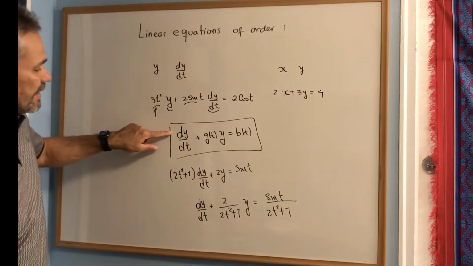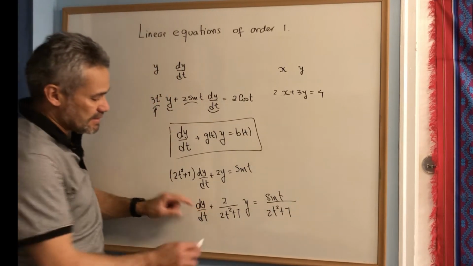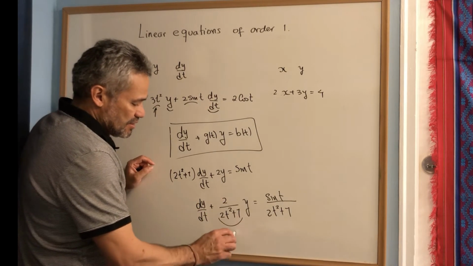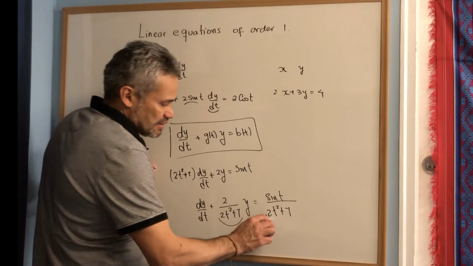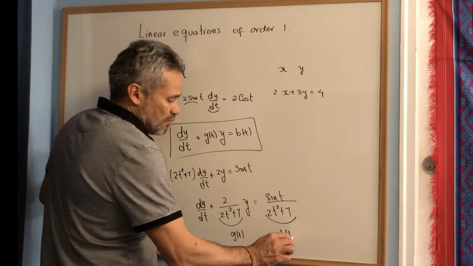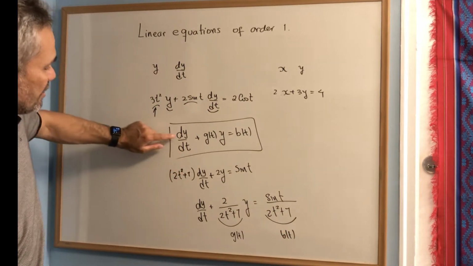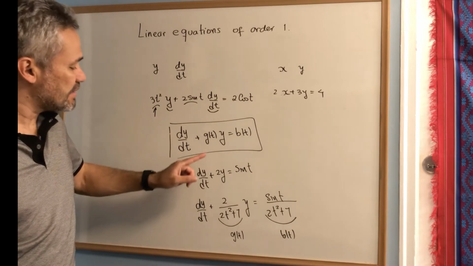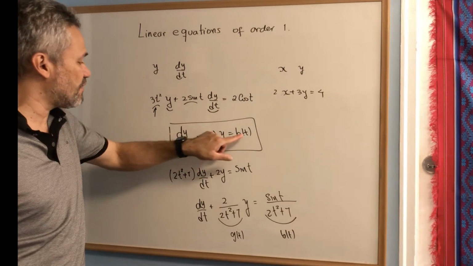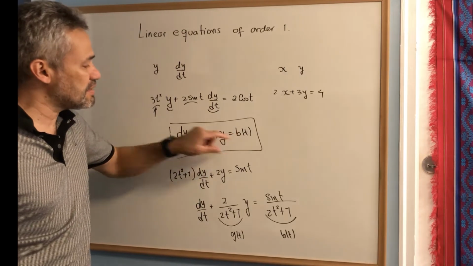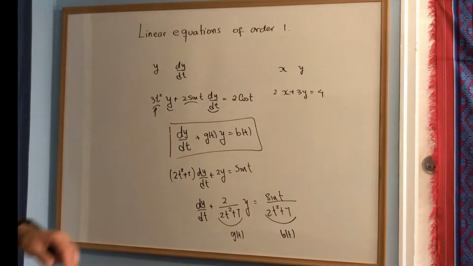Then when it's written like that, we can say that this part here is the g of t, and this part here is the b of t. And anytime we can rearrange and make it look like this, then we can say this is linear, and then we can just find out what the little g of t and the b of t are.